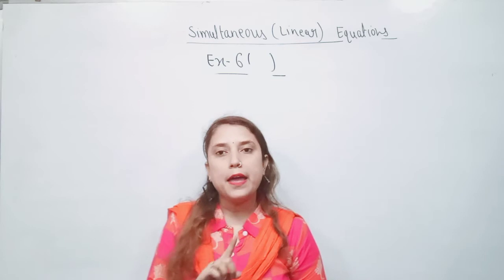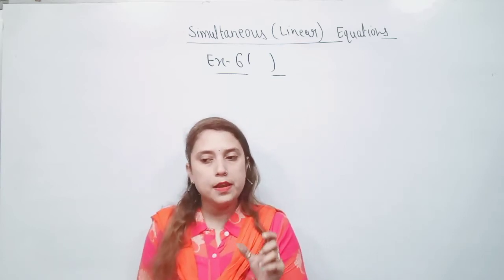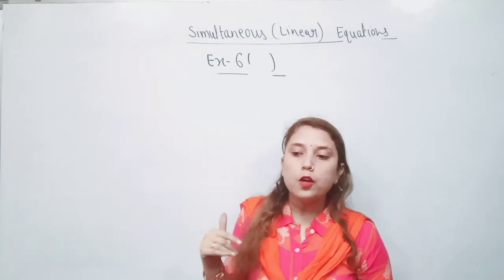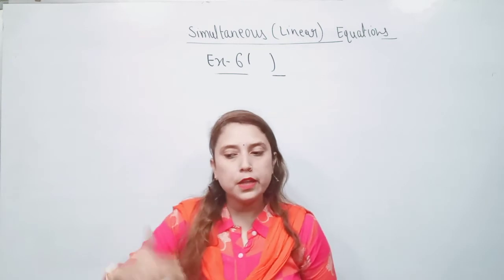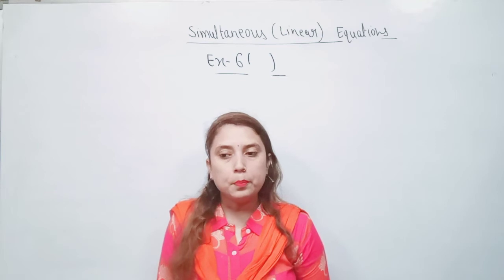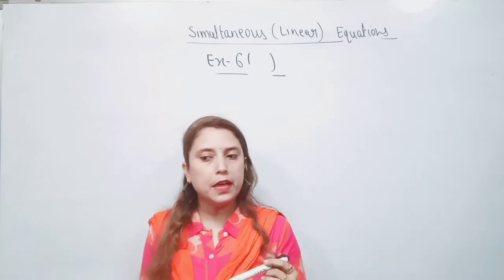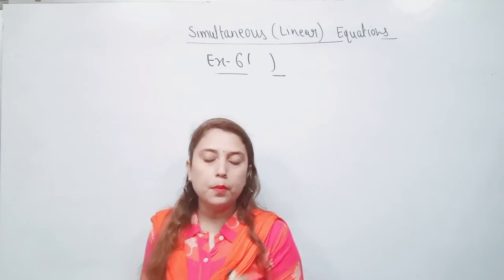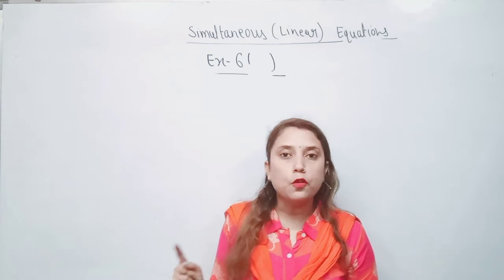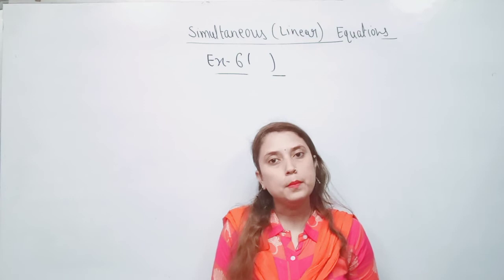Multiply one or both of the equations by a suitable number so that either the coefficient of x or the coefficient of y in both the equations become equal. Okay beta? Again I am repeating, multiply one or both of the equations by a suitable number so that either the coefficient of x or coefficient of y in both the equations become equal.